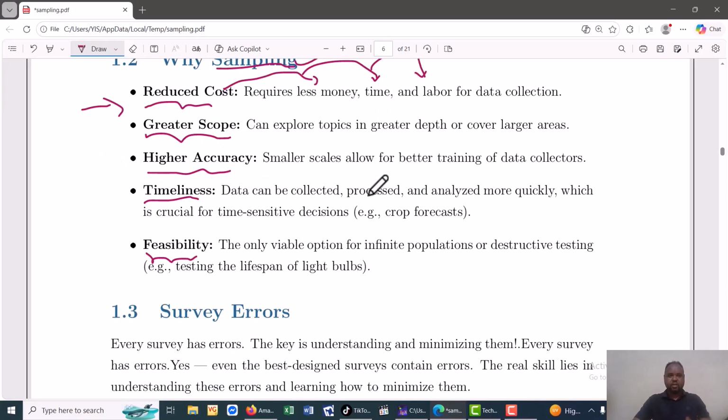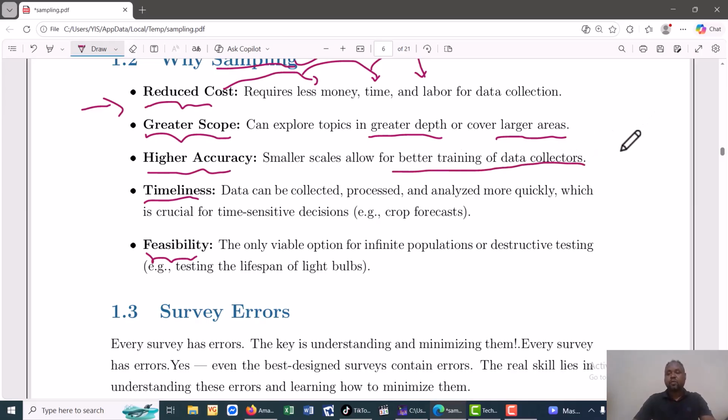But the second reason why we consider sampling is sampling allows a greater scope, meaning we can explore topics in greater depths or we can cover larger areas. The other reason to consider sampling is being higher accuracy, because smaller scales allow for better training of data collectors.